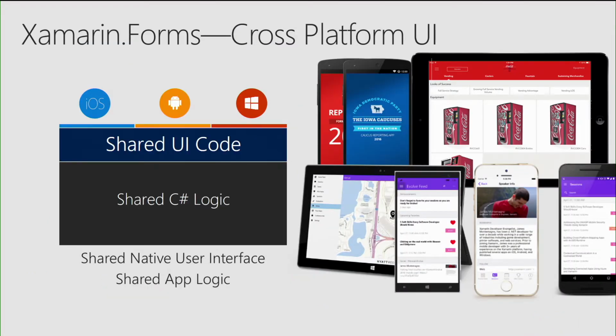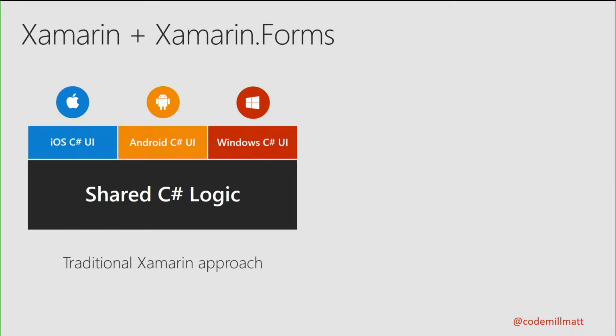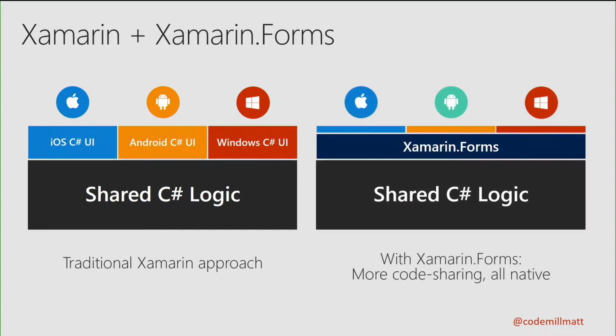So what we had before is that we had the shared C# logic. And now we're putting in a shared UI code layer, a shared API that we can use to develop our code against. So previously, this is the traditional Xamarin route. Shared C# logic, you're doing your UIs separately. With Xamarin Forms, we now have an API that we can create UIs against.